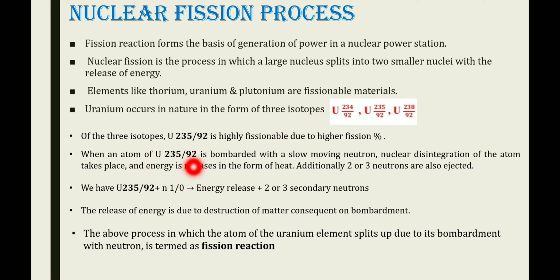When an atom of uranium-235 (92) is hit with one neutron, nuclear disintegration of the atom takes place. Nuclear disintegration is splitting into two nearly equal parts. This uranium-235 is divided into two equal parts, and that division is called the nuclear disintegration process.